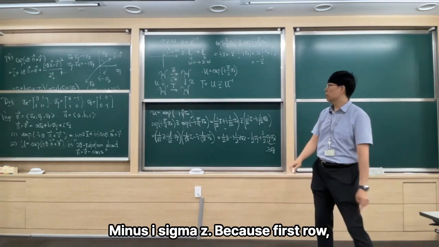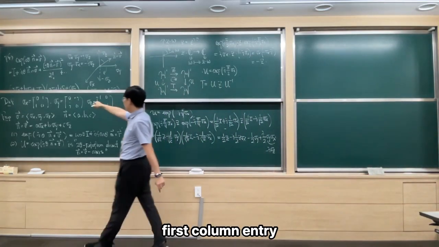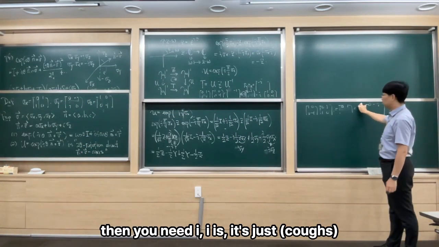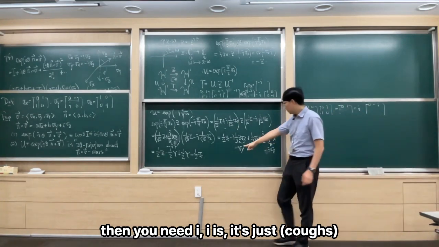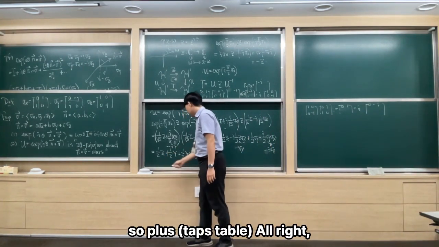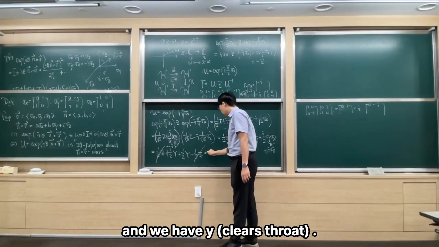Minus I sigma z, because the first row, first column entry is minus I. You have to multiply minus I. Then you need I. Yes, it's just plus I. So, okay, so plus. All right, so we have canceling out z, and we have y.